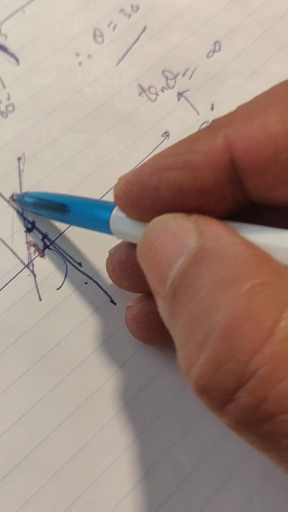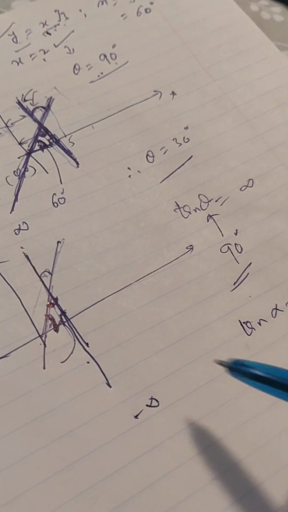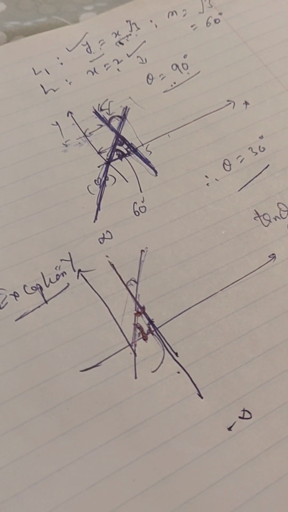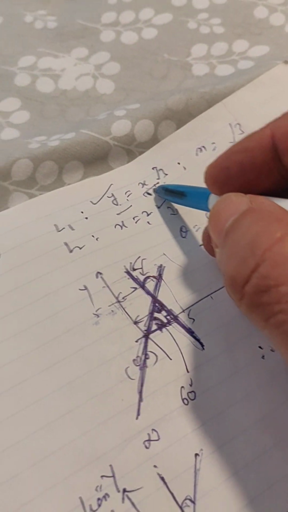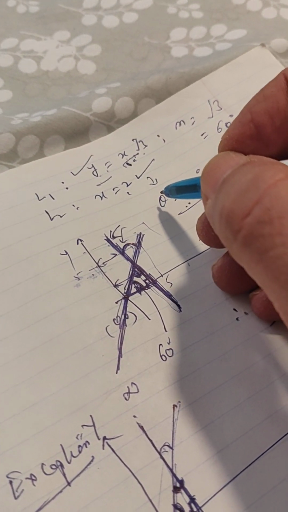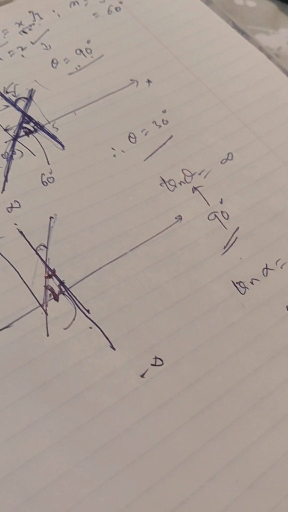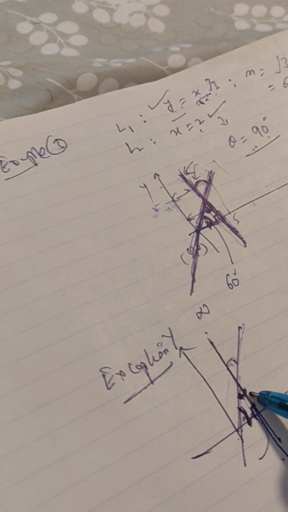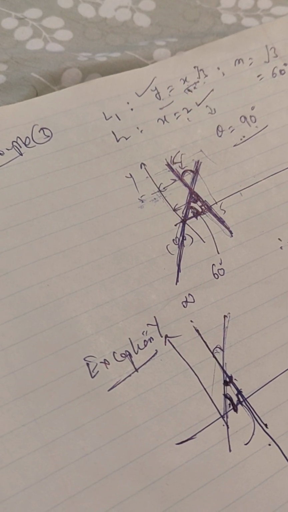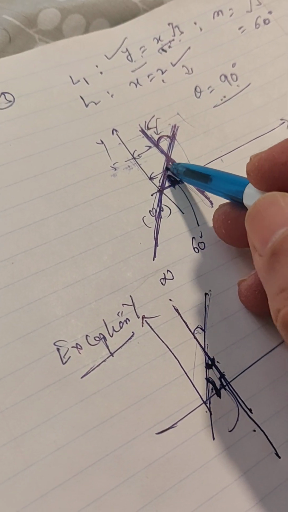So for the angle between two intersecting lines, when one line is vertical or parallel to the y-axis, then from the slope of the other line, subtract that value from 90 degree and you arrive at the result, and in this case the angle is 30 degree, because this angle is 60 degree, so 90 minus 60 is 30.